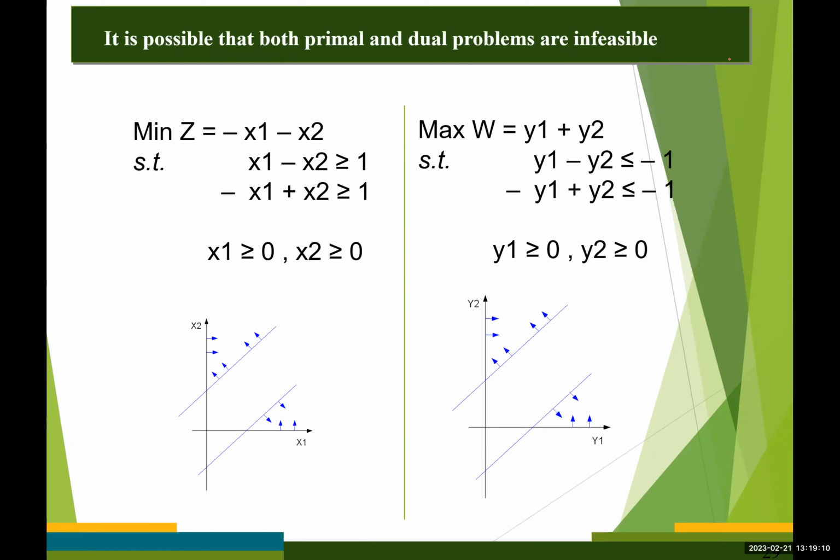So here's the given primal LP, and this is our dual LP, okay. And obviously, the feasible region for the primal LP contains no point because no points satisfy these two constraints. So it's an infeasible LP.